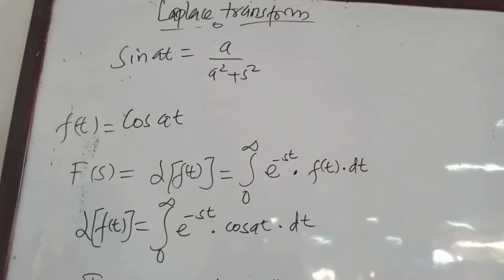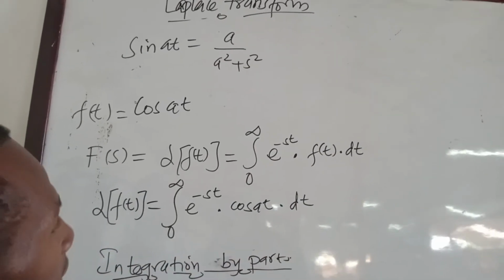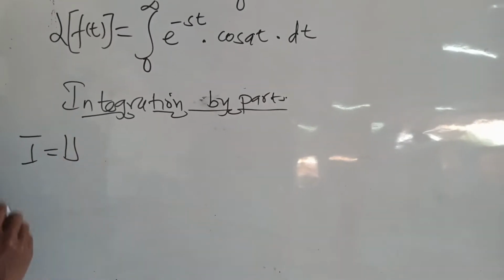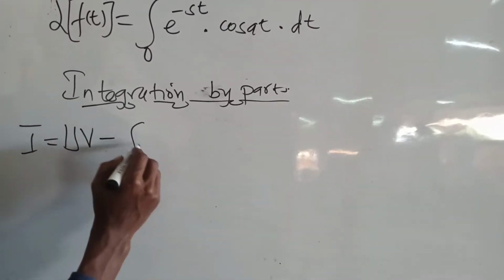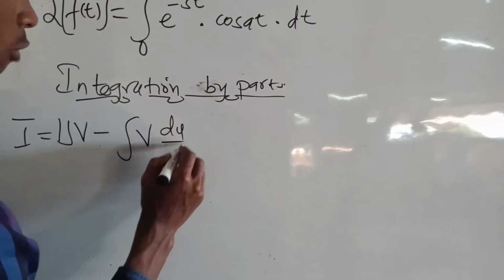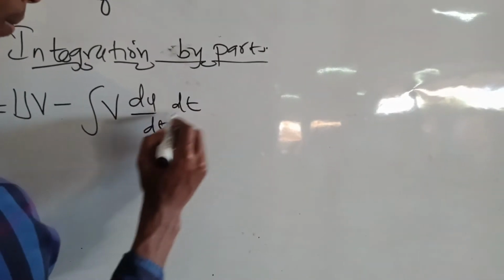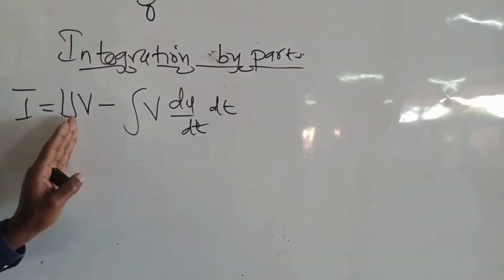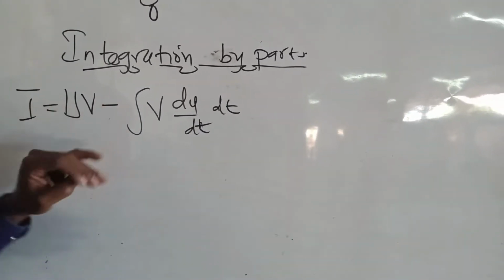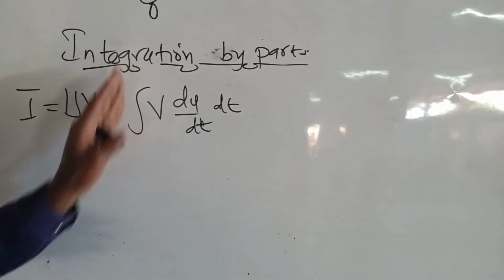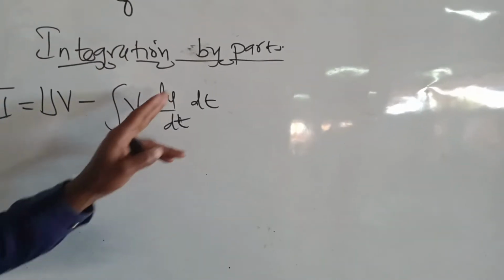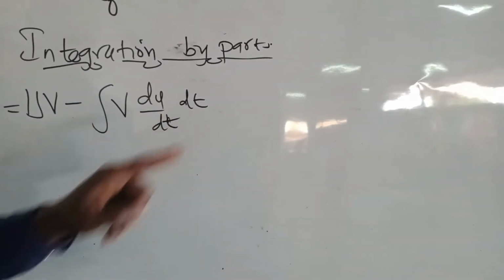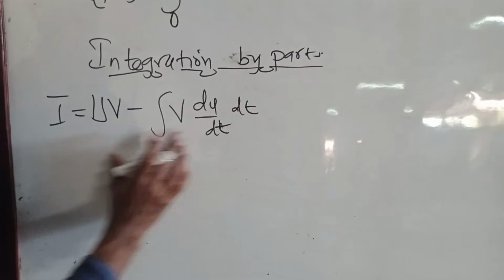And now we have this formula which says I is equal to uv minus the integral of v du over dt dt. So I is equal to u times v, minus integrating v du over dt. Then you differentiate with respect to time. So this is our integral.